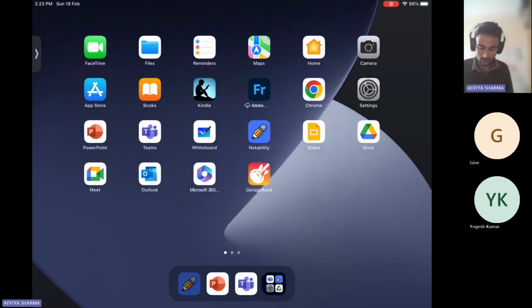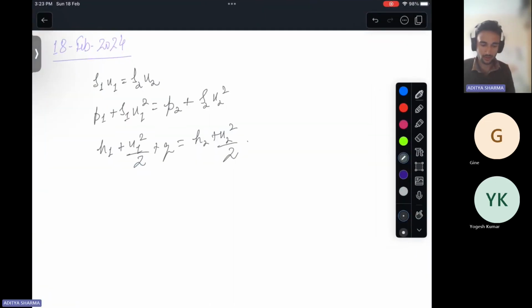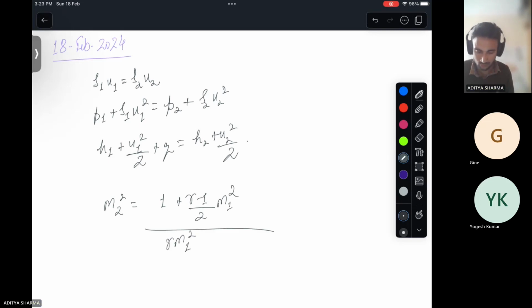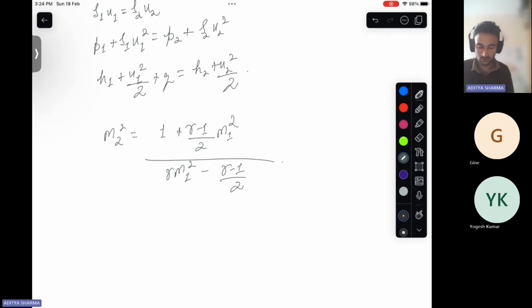I'm just writing these so that we can use them later. So here M2 is the Mach number; this is after and this is before.